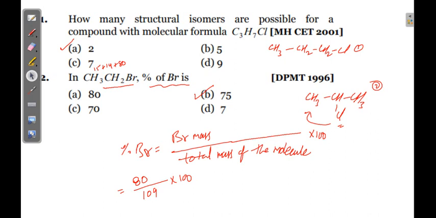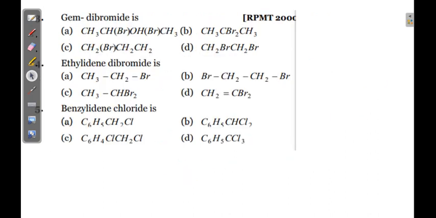Next, gem dibromide. Gem means geminal. Two words are there: one is geminal, the other one is vicinal. Vicinal means adjacent carbons. If two halogens are on adjacent carbons, this is called vicinal. If two halogens are on the same carbon, that is called geminal.